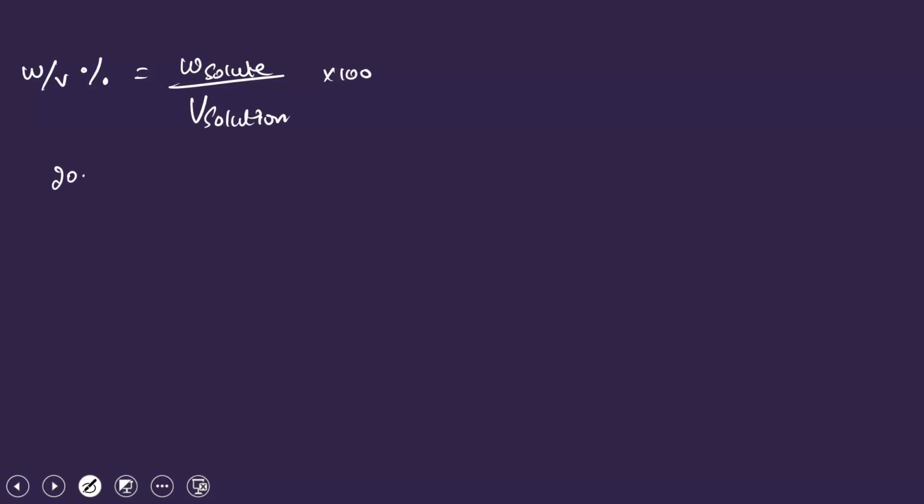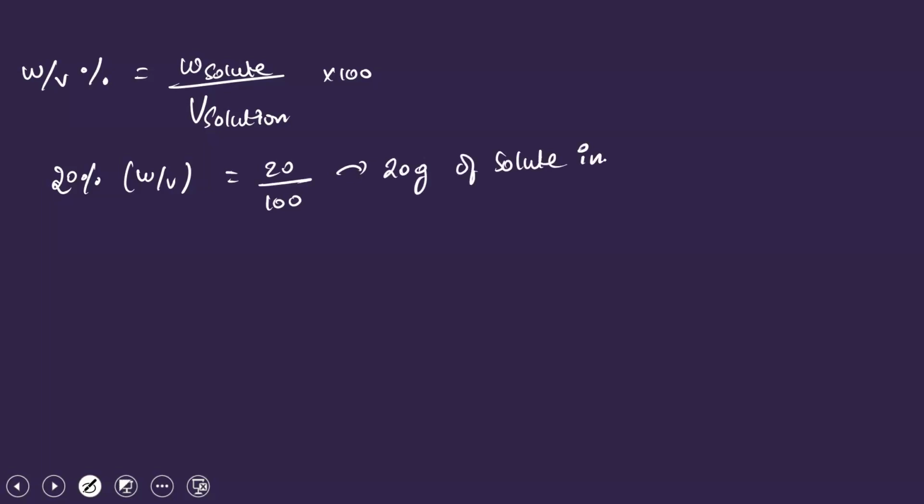If I give you 20% weight by volume percentage, what do you mean by this? First you should write in fraction, correct? 20 by 100. Then 20 grams of solute in 100 ml of solution.